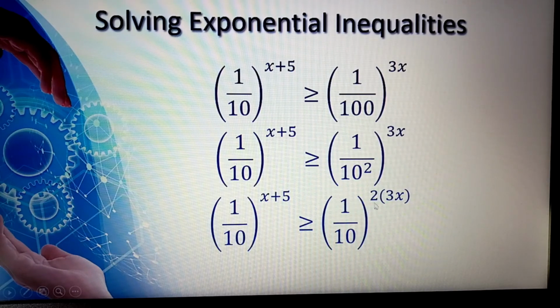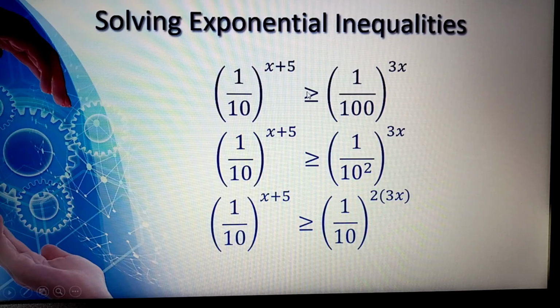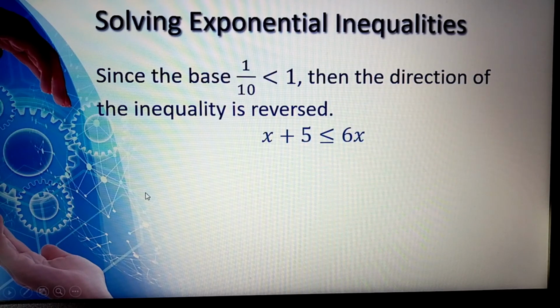Then we proceed to the law of exponents. On the left side, it does not change. Then, since the base 1 over 10 is less than 1, our direction will be reversed. Where the direction here is greater than or equal, when it reverses, it becomes less than or equal.